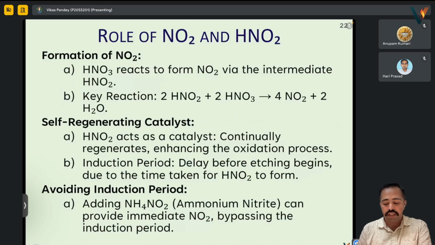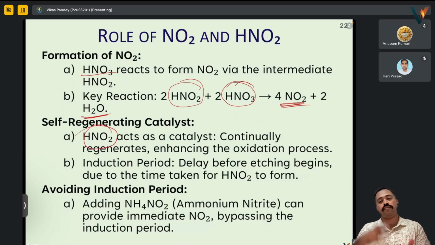So HNO3 reacts by an intermediate reaction like this: HNO3 plus HNO2 plus HNO3 will form NO2 plus water. Okay, this is a self-regenerating catalyst. HNO3 will form an intermediate HNO2, and HNO2 acts as the catalyst.